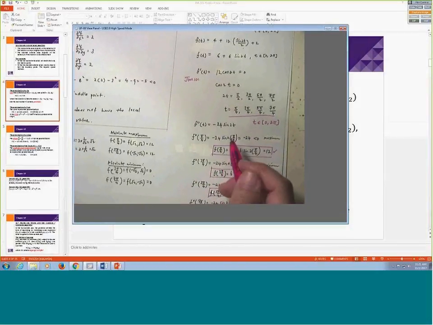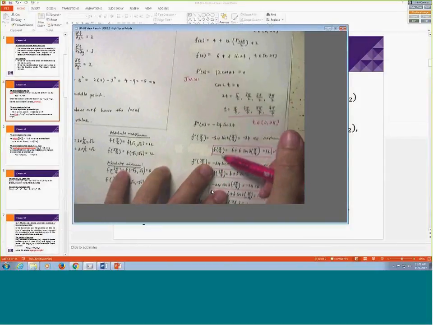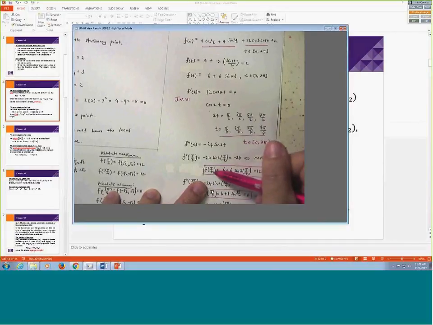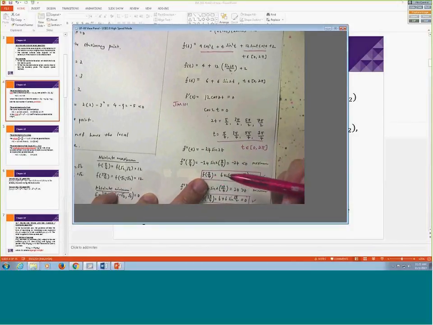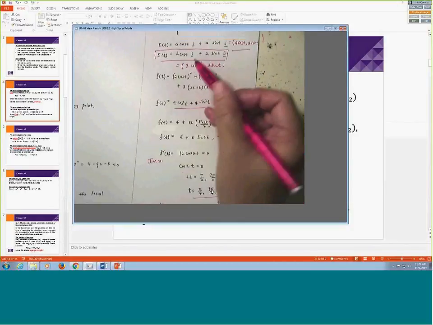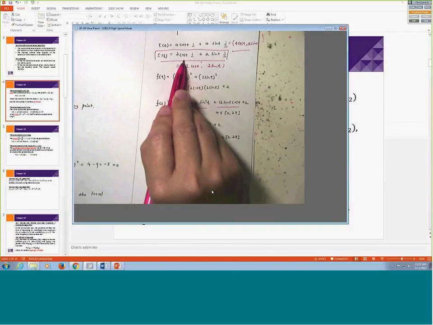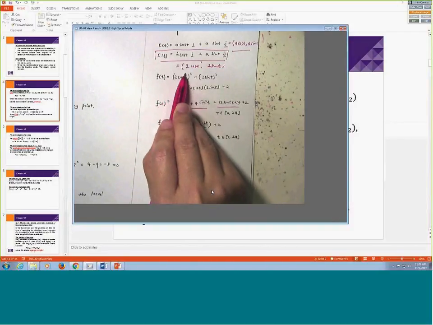So for this point, π/4, what does it represent in x and y? We go back to the transformation here. We know that this is 2 cos t for x and 2 sin t for y.